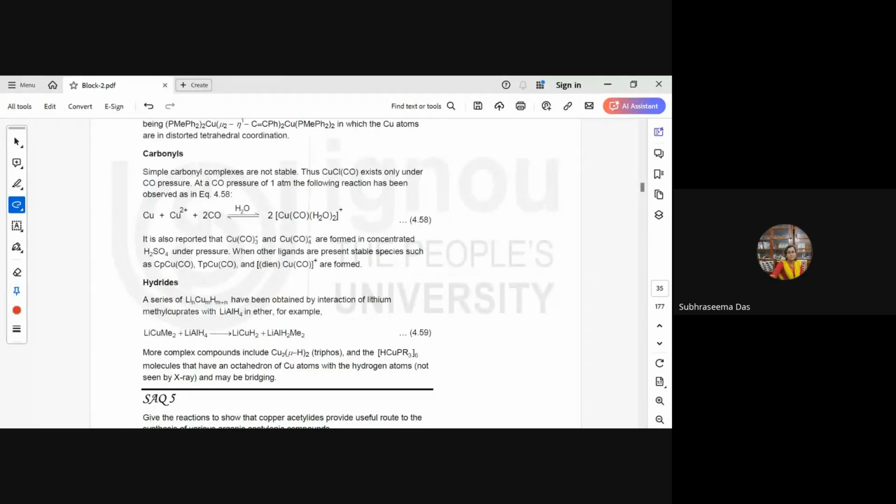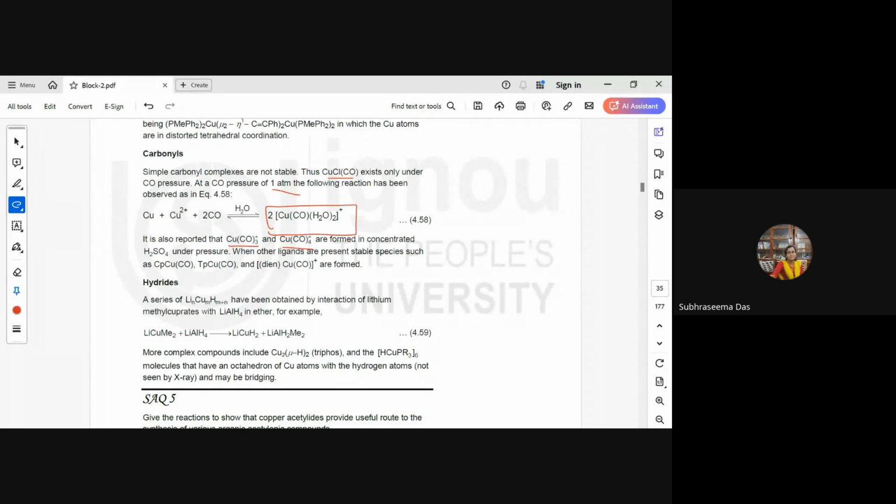Now coming to carbonyls. Simple copper carbonyls are not stable in nature. Thus CuClCO exists only under pressure. At a CO pressure of 1 atm, the organocopper complexes with carbonyl are formed, as represented in equation 4.58. It is also reported that certain amounts of CuCO3 plus and CuCO4 plus are formed in concentrated H2SO4 under pressure.